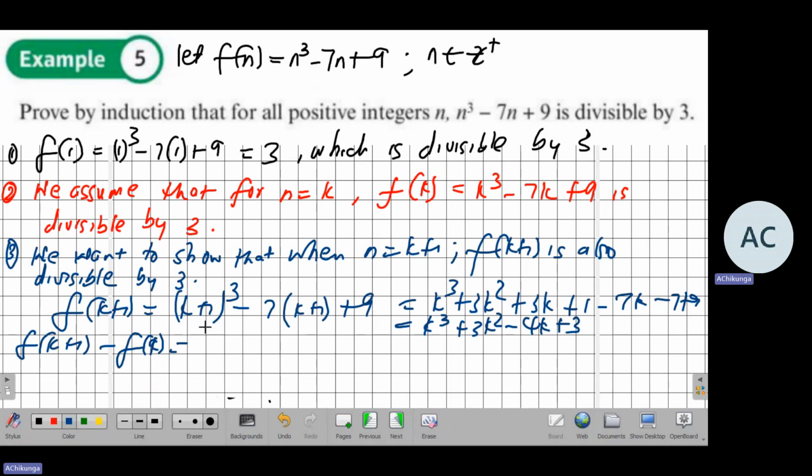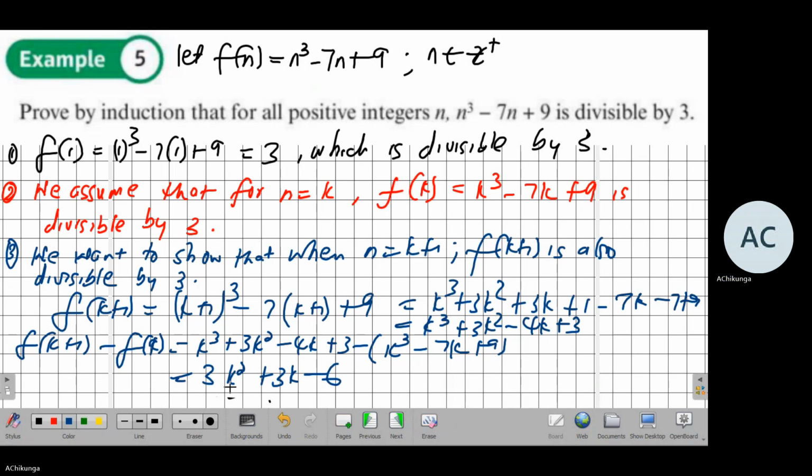And when we do that, we are simply saying k cubed plus 3k squared minus 4k plus 3 minus, in brackets, where is our f of k? The one in red, which we know is divisible by 3. And what we get here is 3k squared, because you can see the cubes are cancelling each other, plus 3k minus 6.